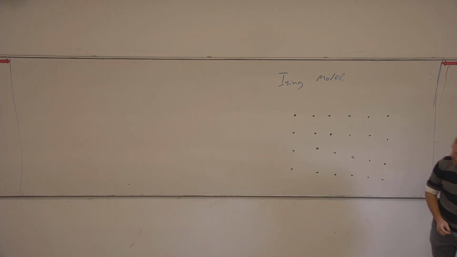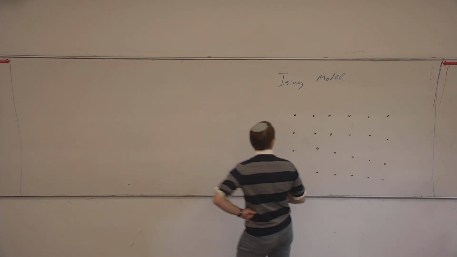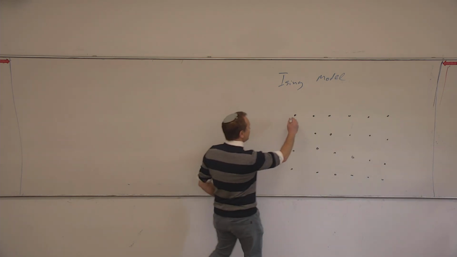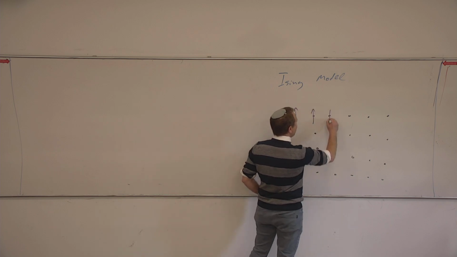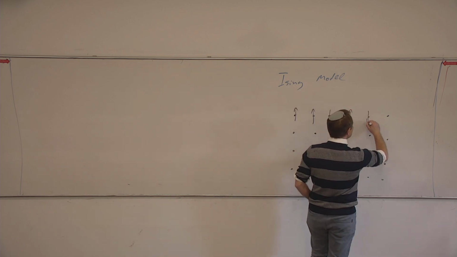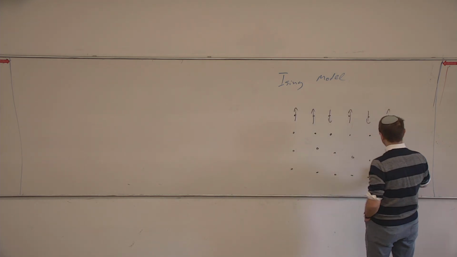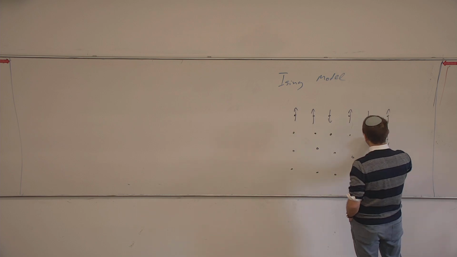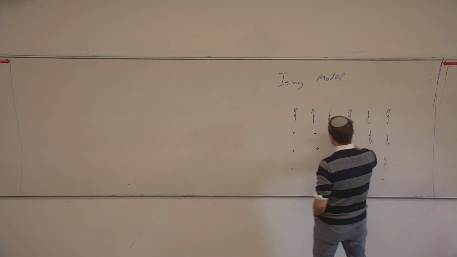From now on, I will look at this lattice and say that at each point of the lattice, I have a quantity, which is the spin. The spin either goes down or it goes up.